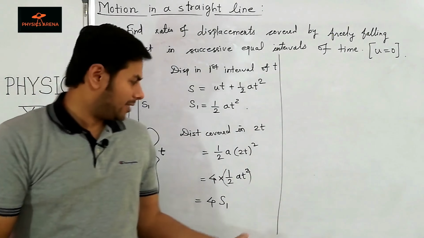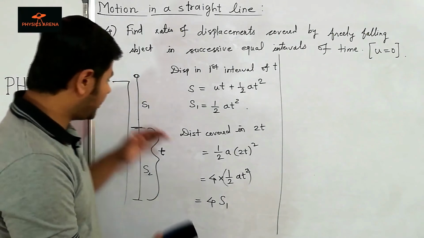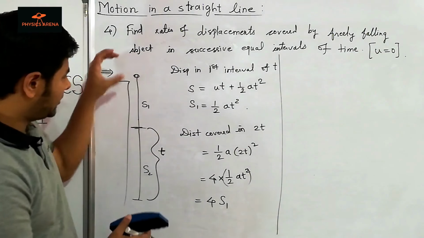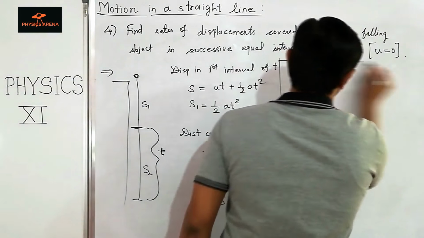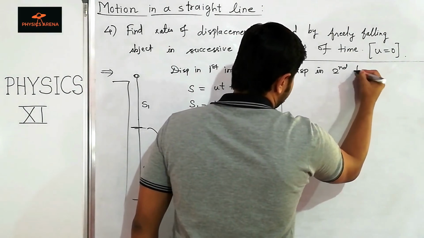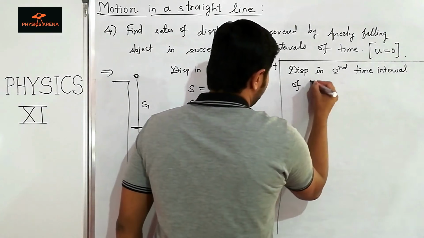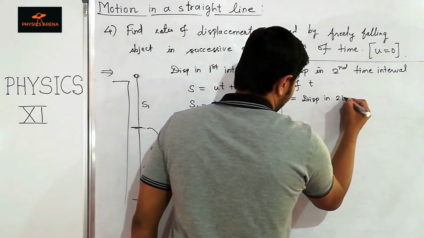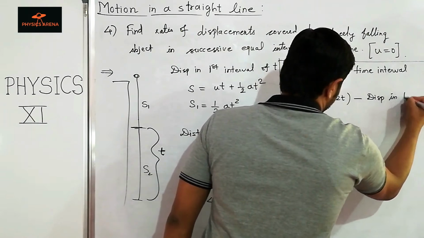So it is just 4 times s1. And the displacement in the second time interval t will be this total distance, which is 4 times s1, minus the displacement in the first time interval t. So the displacement in the second time interval of t is equal to the displacement in 2t minus the displacement in t.